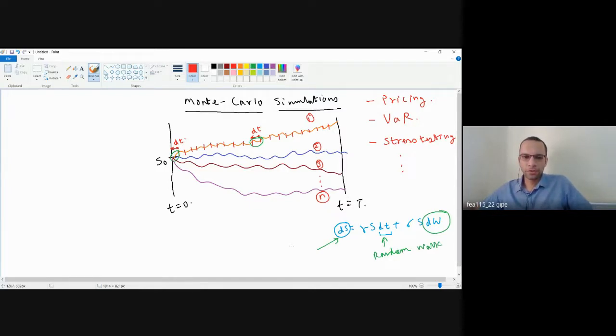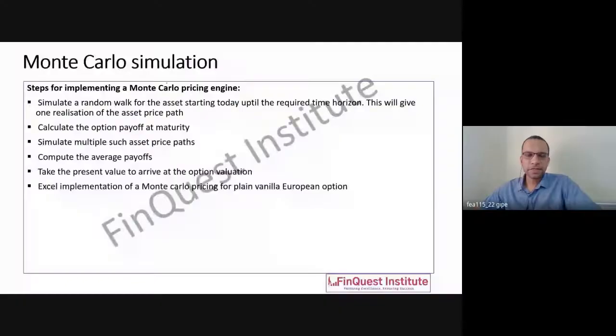Okay, so going back, just walking you through the algorithm which we are planning to implement. So let me just reshare screen. These are the steps which I'm planning to implement for the Monte Carlo pricer.